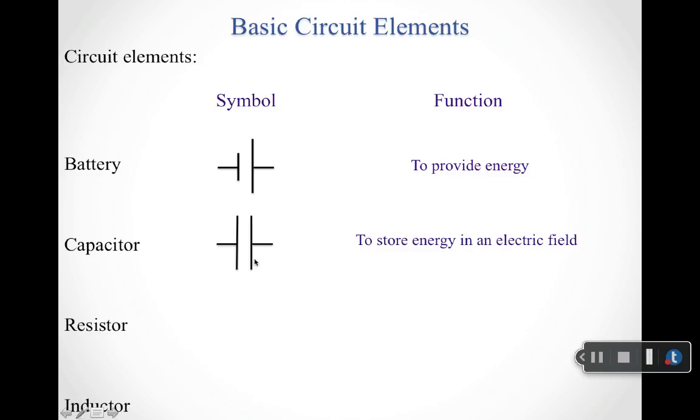Second element is the capacitor. You notice there's not a lot of difference between the symbol for the battery and the symbol for the capacitor. The capacitor simply has two lines of equal length, whereas the battery has one long one and one short one. We'll talk about why this is, because in many ways a capacitor will function like a battery for brief periods of time, because you're able to store energy in an electric field within a capacitor.